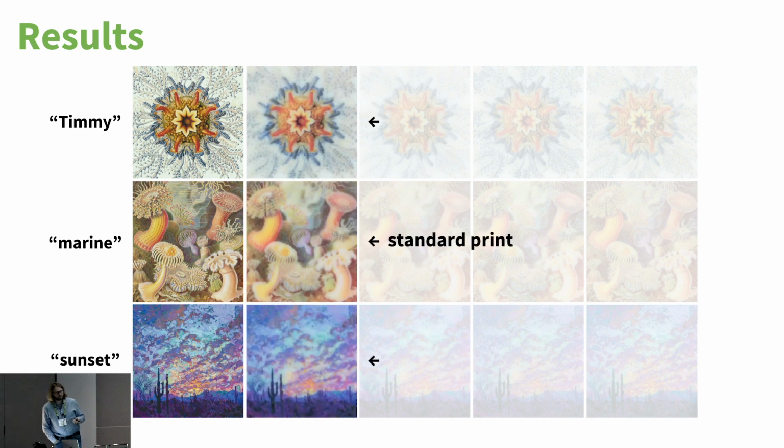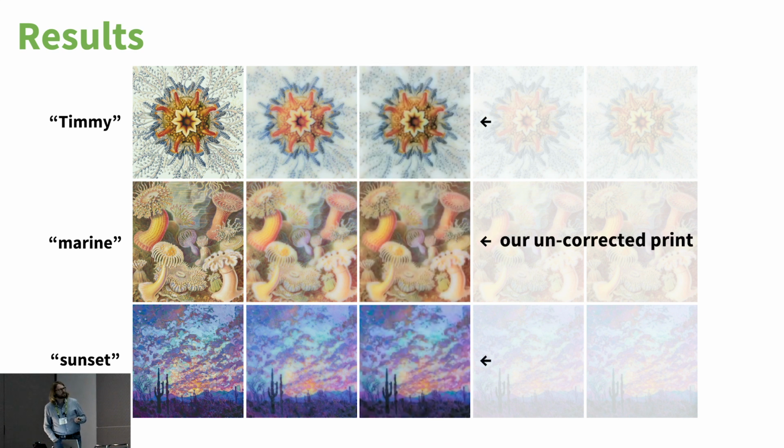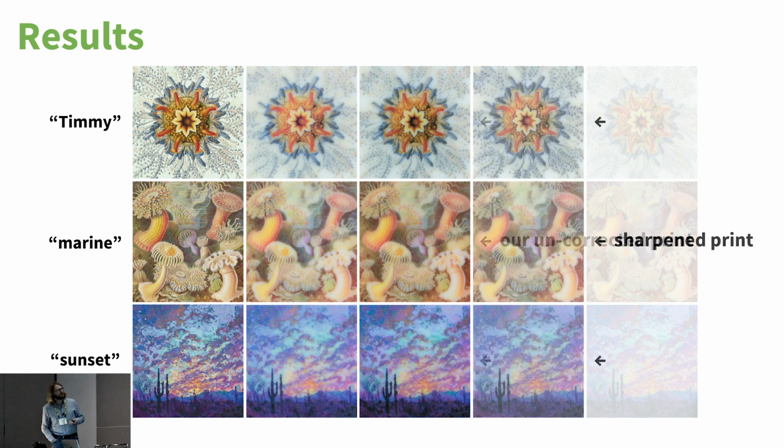This is the standard print that you get just out of the default printer driver. This is what you get using our color reproduction pipeline, which I skipped over because it wasn't the most important thing. And this is what you get with just pre-correcting these textures and sending them through the default pipeline.